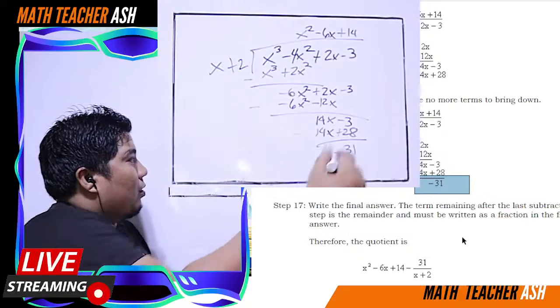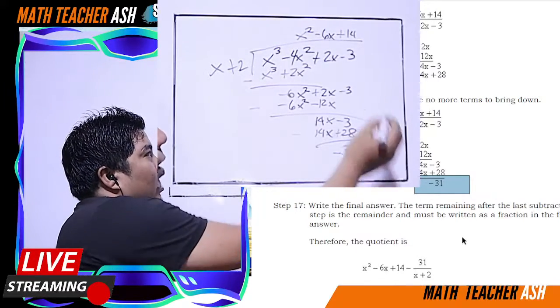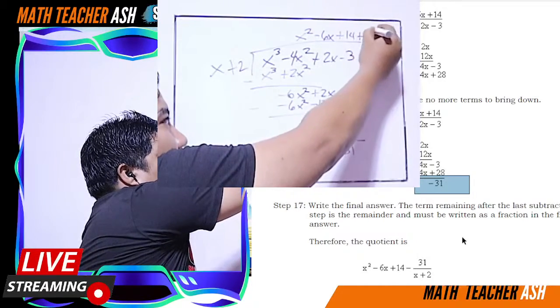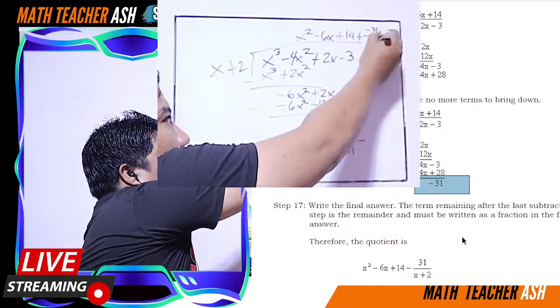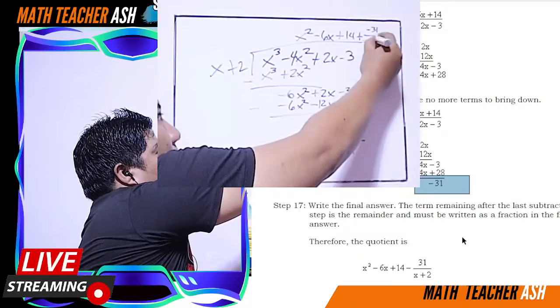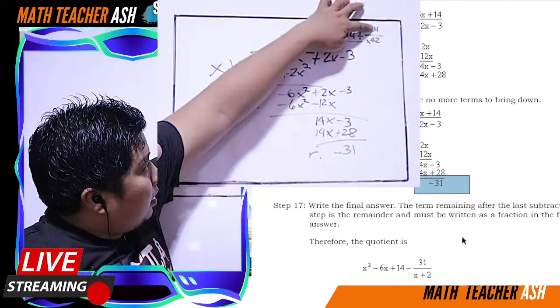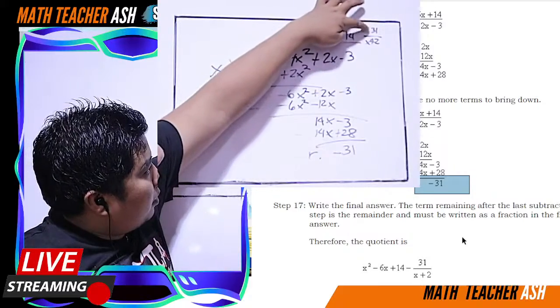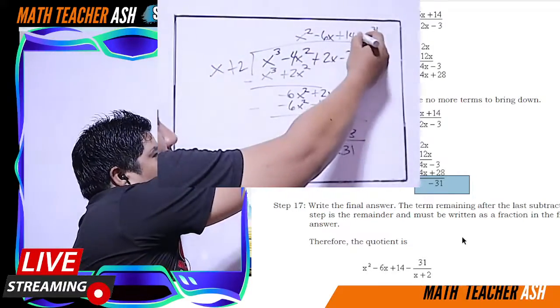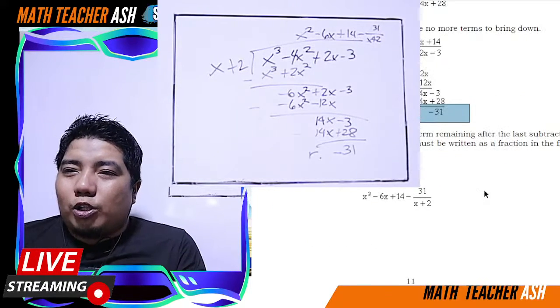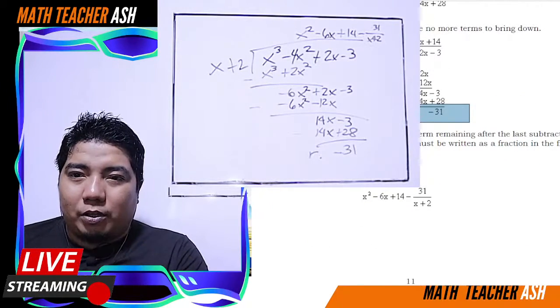Of course, dahil negative 31 ito, and this is a remainder, so, you add negative 31, but you copy your divisor, x plus 2. Okay? Or you can just immediately put a minus here. Okay? So, pwede lang din yan. They are just the same. Okay, my dear math learners? So, ganun lang kadali kapag merong remainder.